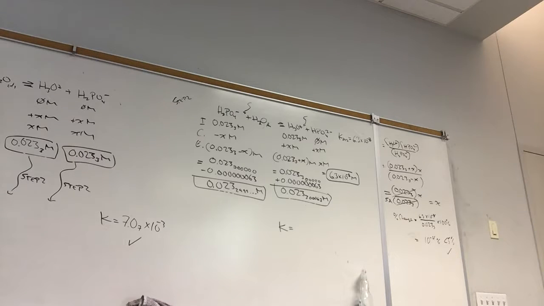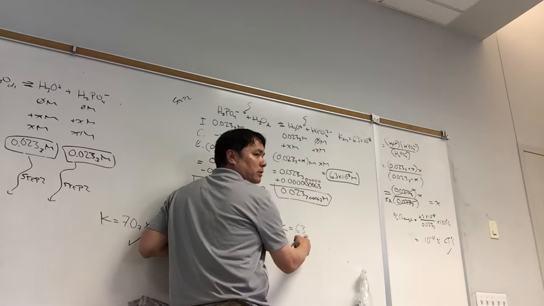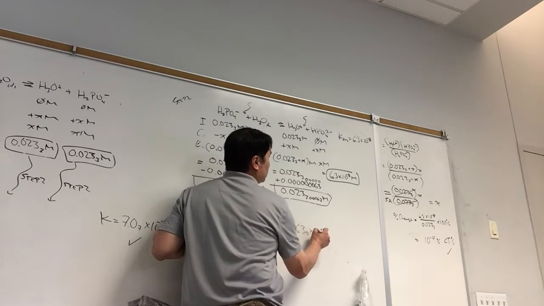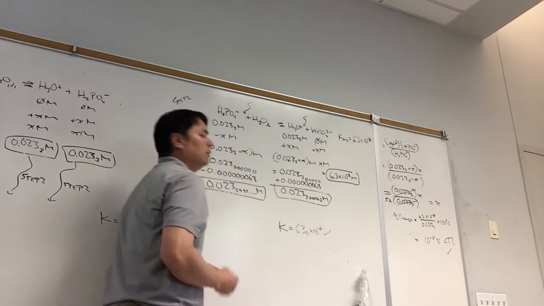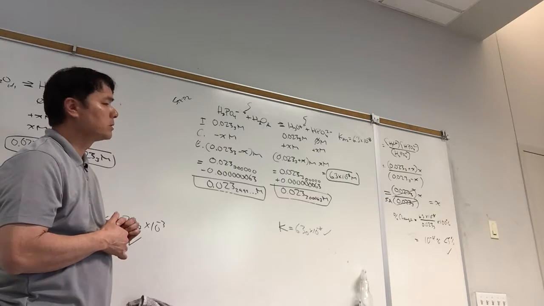What does it come out to? 6.3 times 10 to the minus 8. Give me one more digit: 6.30 times 10 to the minus 8. So we're good. That works out well.